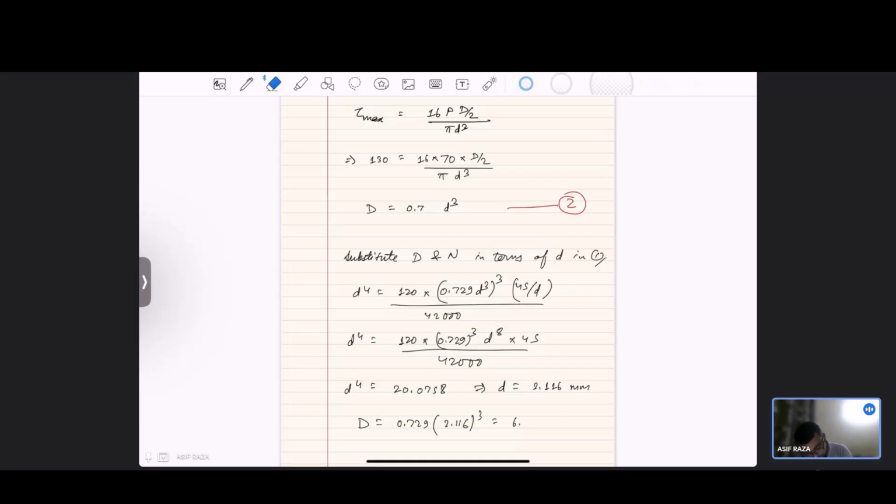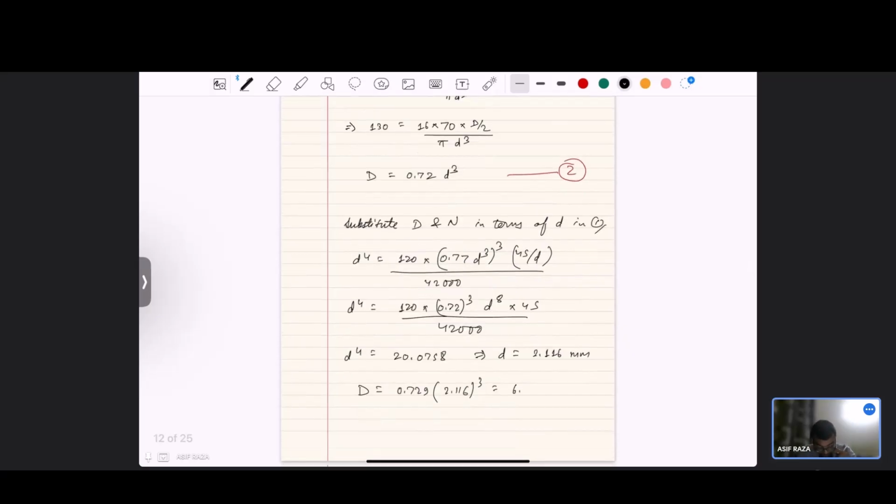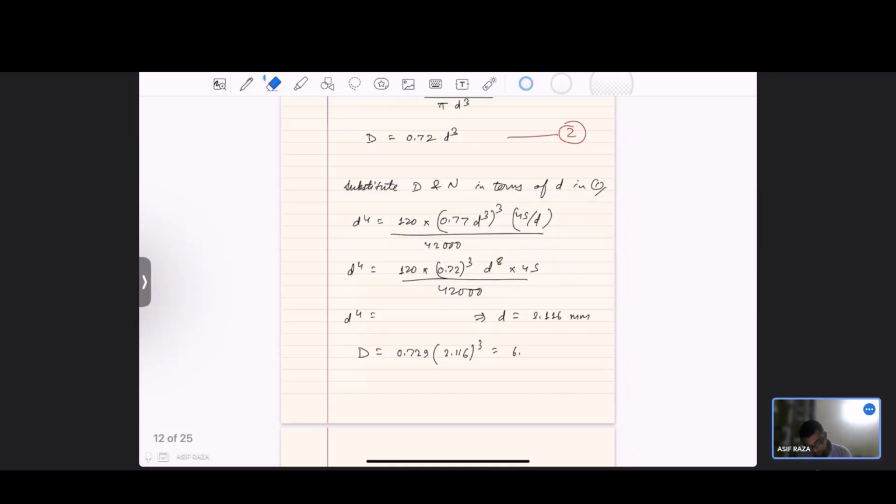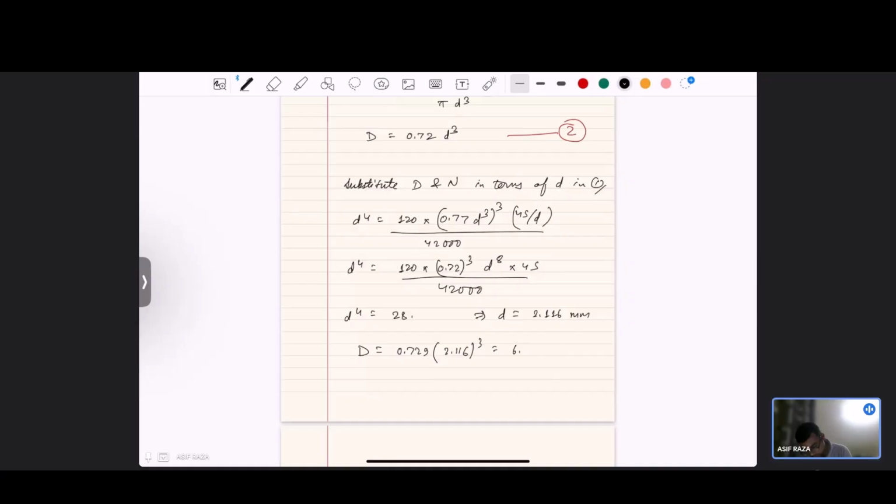So if I take this kind of 0.72, 172 d cube, so this will come around 120 into 172, comes around 28.94.